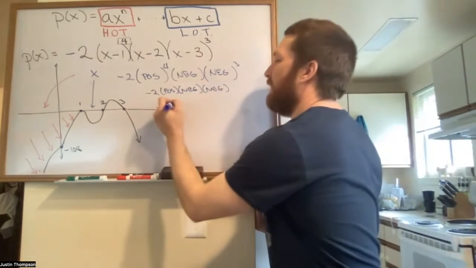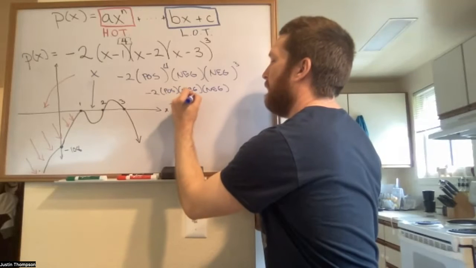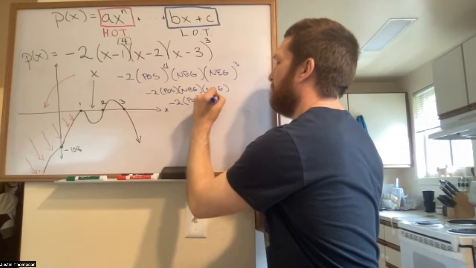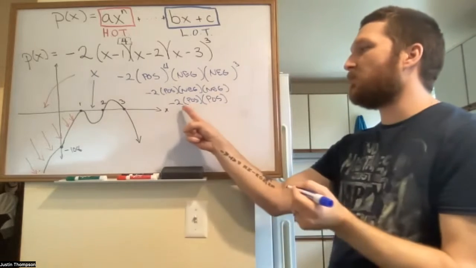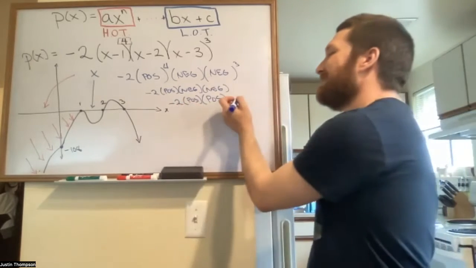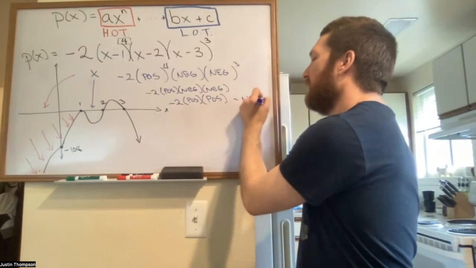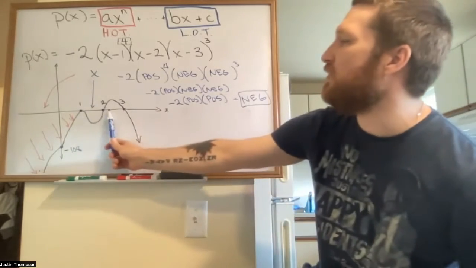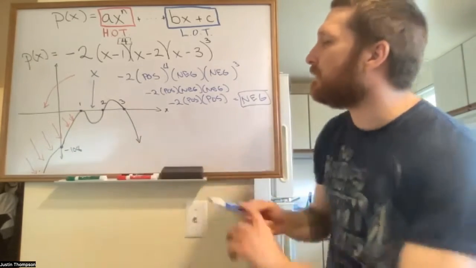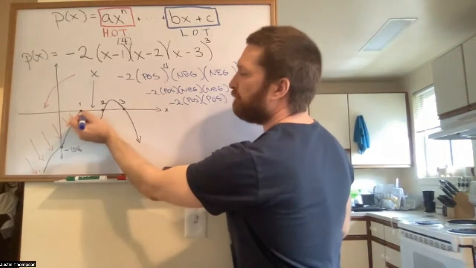Negative times a negative is a positive. Positive times a positive is a positive. And then finally times -2 is still negative. We have when x is between 1 and 2, it's still negative no matter what.